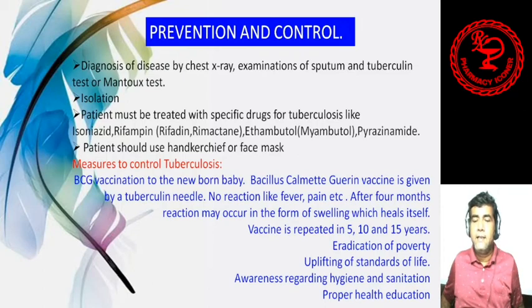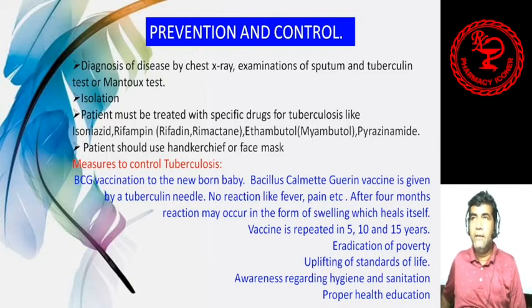Reactions like fever, pain, etc. are not observed. However, after 4 months, a reaction may occur. There may be some swelling which heals itself. That is the BCG vaccine. This is given by the Government of India free of cost.